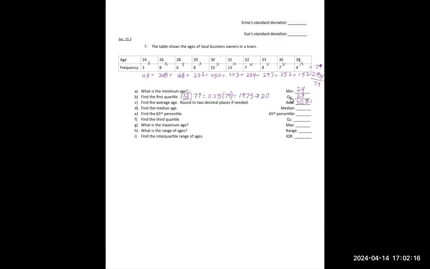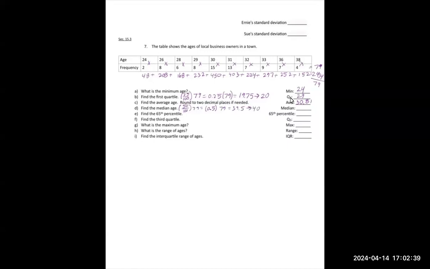Then they say find the median age. Well, to find the median, we could do 50 over 100, because it's the 50th percentile, times 79. That is 0.5 times 79, which is 39.5, which rounds up to 40.